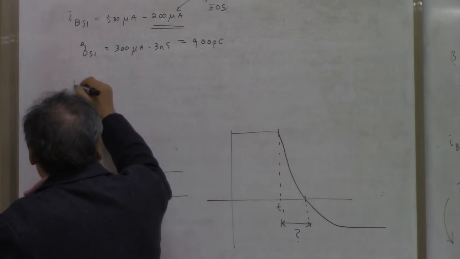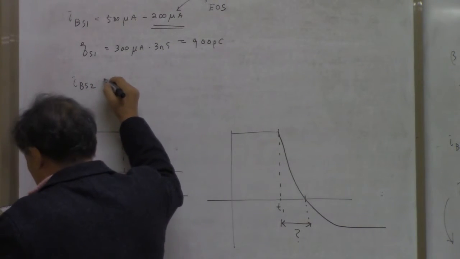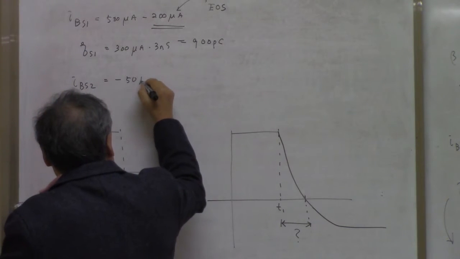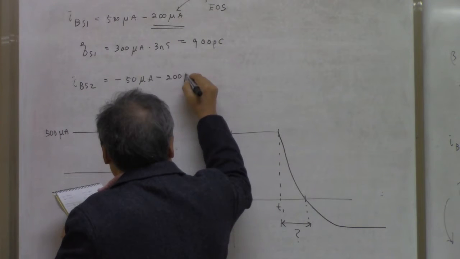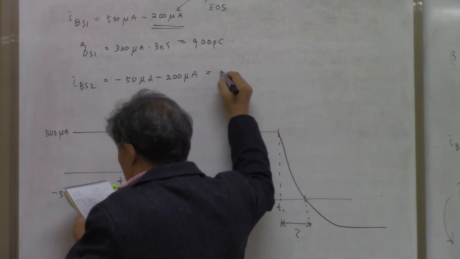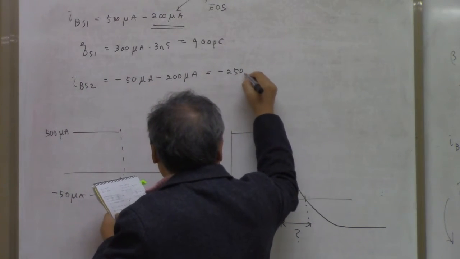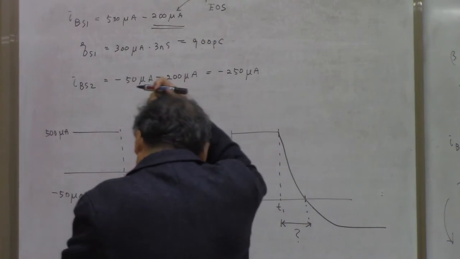All right? And then IBS2 is minus 50 microamps minus 200 microamps, and then minus 250 microamps.